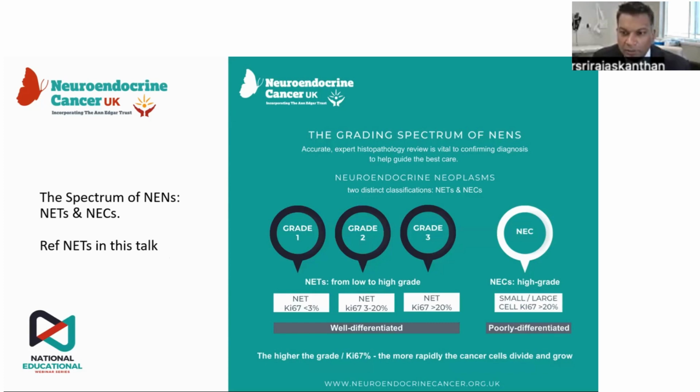These can be separated into two main groups, based on how the tumours appear. If they're well differentiated, they're called neuroendocrine tumours. And if they're poorly differentiated, which are often what we class as small cell or large cell type, they're classed as neuroendocrine carcinomas. So in this talk, I'll be primarily focusing on neuroendocrine tumours, without much discussion about surveillance for neuroendocrine carcinomas.